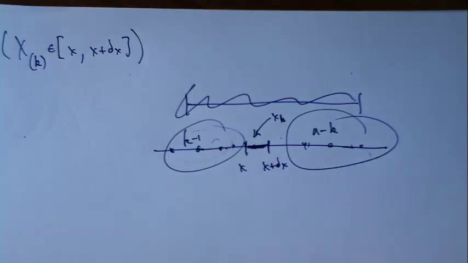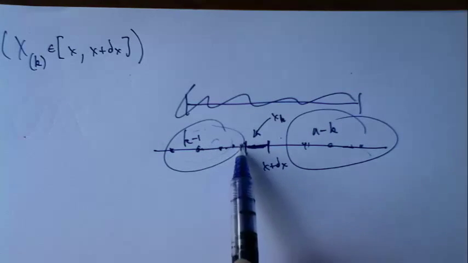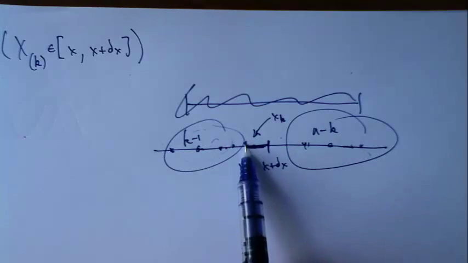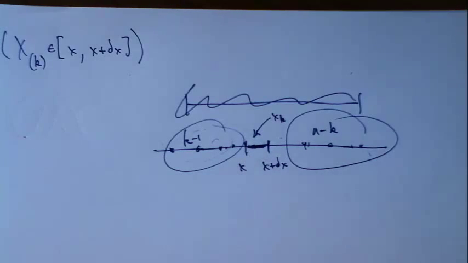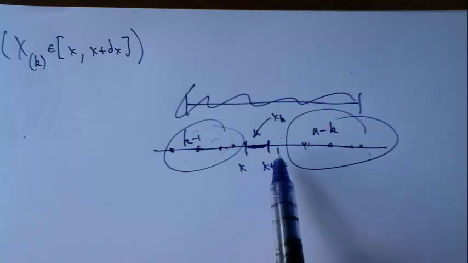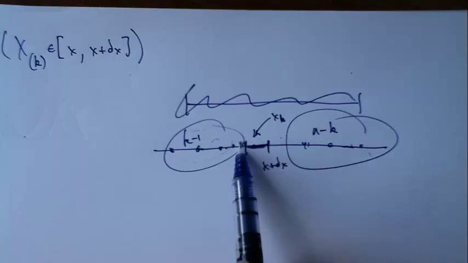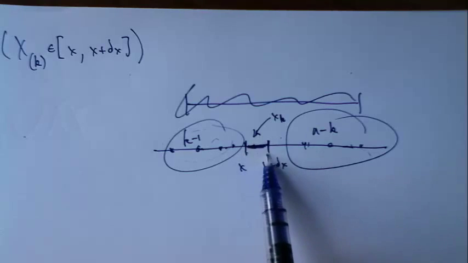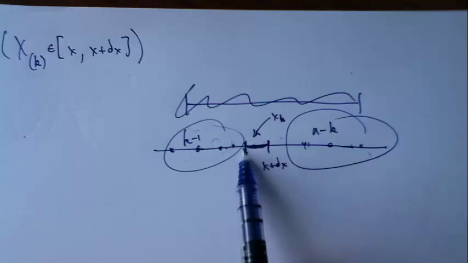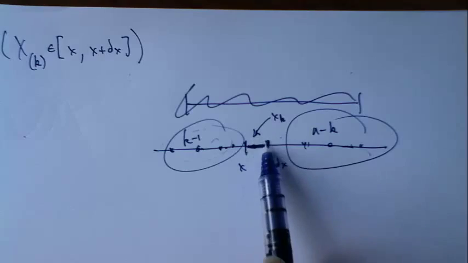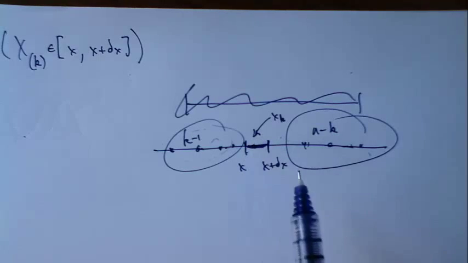The multinomial distribution has to do with doing n independent trials where each one is of this type with a certain probability. Actually, what's the probability that it falls over here? It's just the CDF evaluated here. And then what's the chance that it falls in here? It's just going to be the common density function multiplied by dx, roughly.